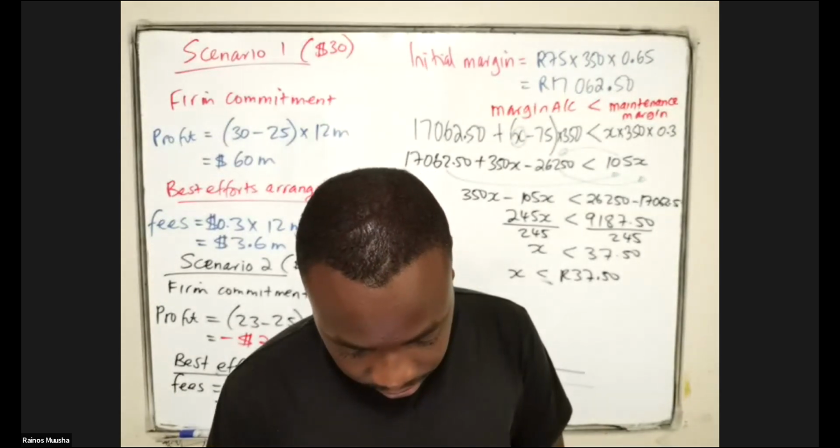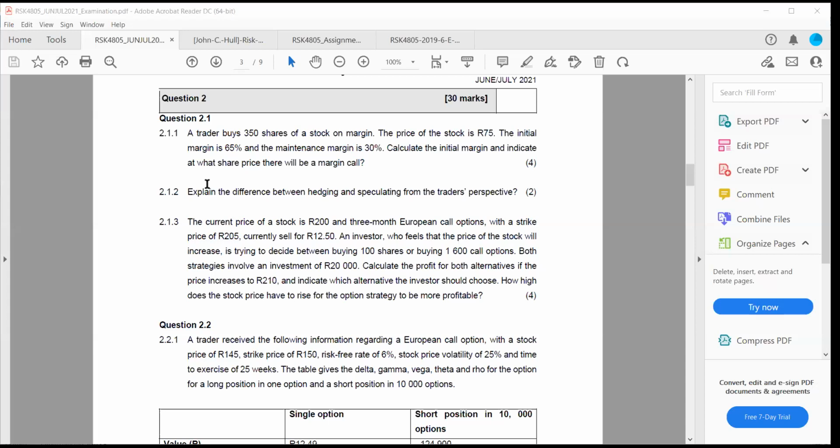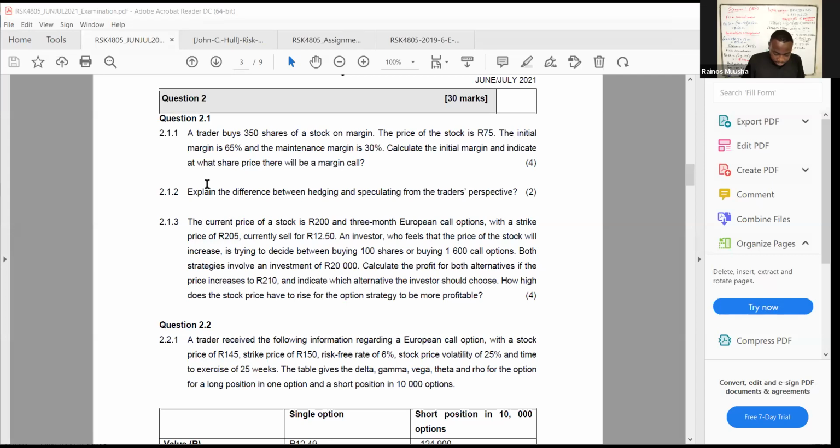Question 2.1.2. They say explain the difference between hedging and speculating from a trader's perspective.